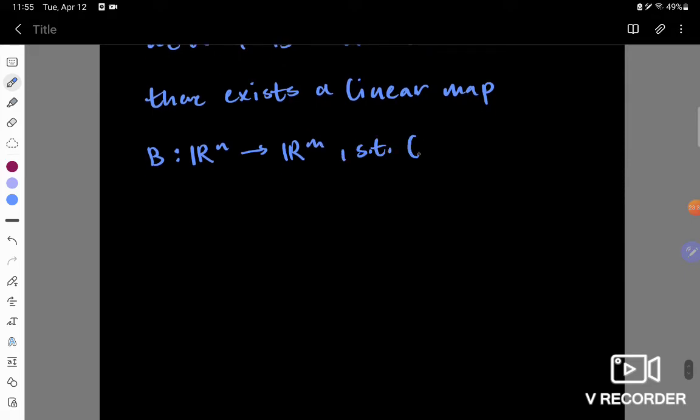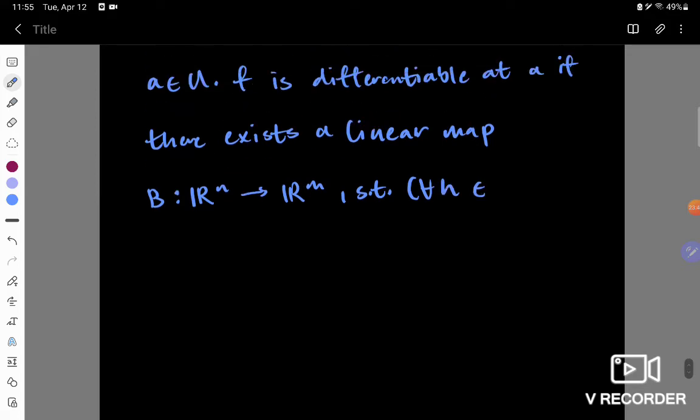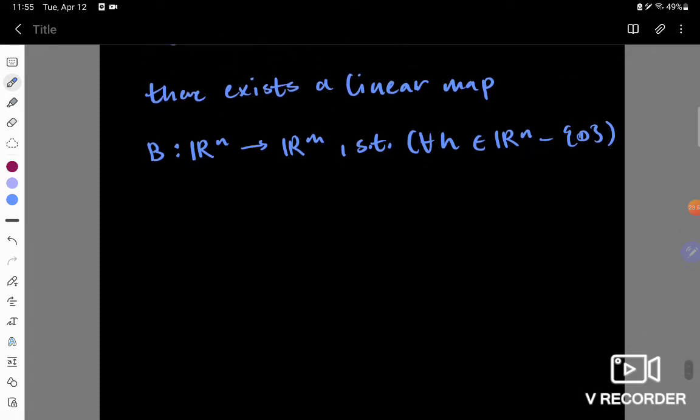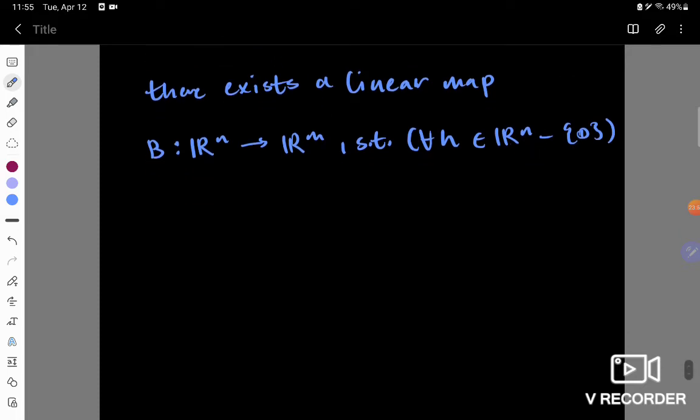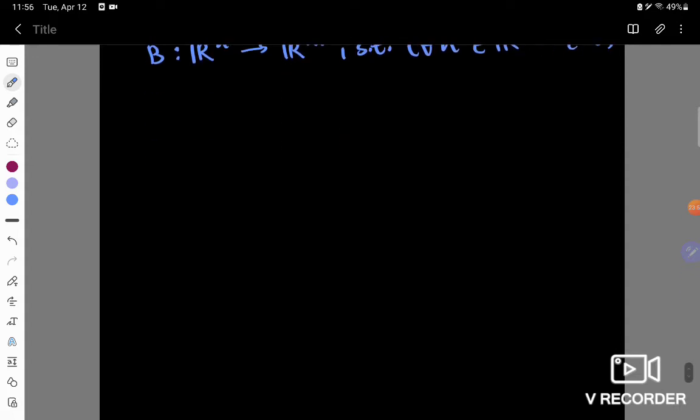such that for all h, we'll say, h is going to play a similar role to t, in Rn minus 0. Another notation I might use for this is Rn star, but that's confusing because we already have a superscript. So for all non-zero vectors in R to the n, we want this formulation to hold.